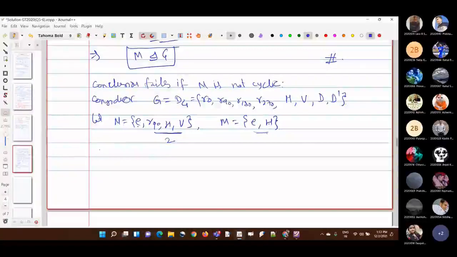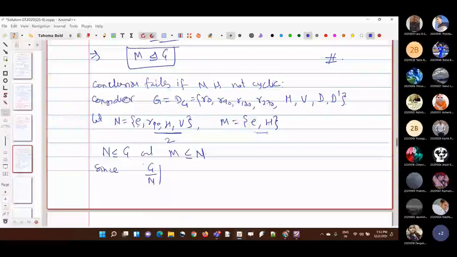Okay. So N is a subgroup of G and M is a subgroup of N.